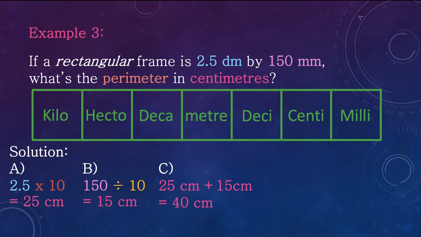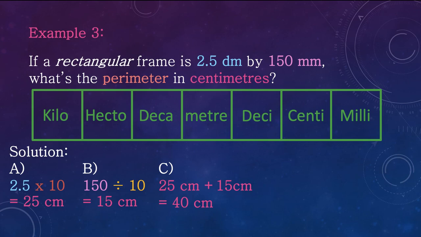Remember, what I've done is I've taken two sides, only two sides. It's a rectangular box, it's a frame, right? It's going to have four sides. So if I have one side that's 25 centimeters and another side that's 15 centimeters, since it's a rectangle, I know I have another 25 centimeters on the opposite side of this one, and on the opposite side of the 15 centimeter side, I have another 15 centimeter side.